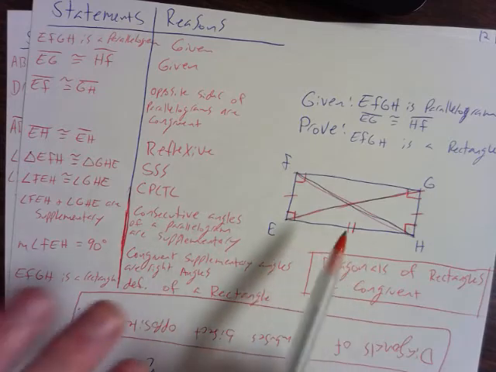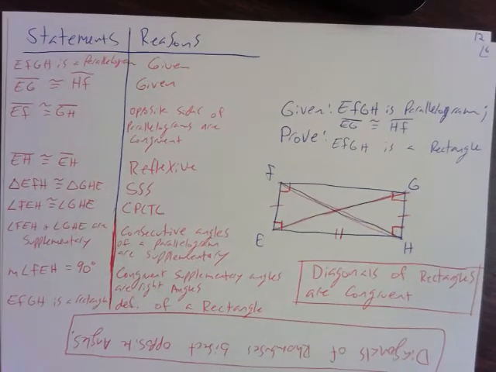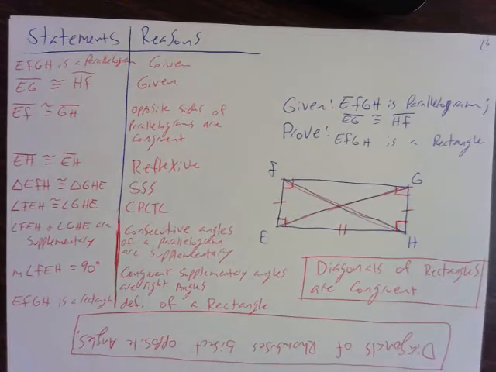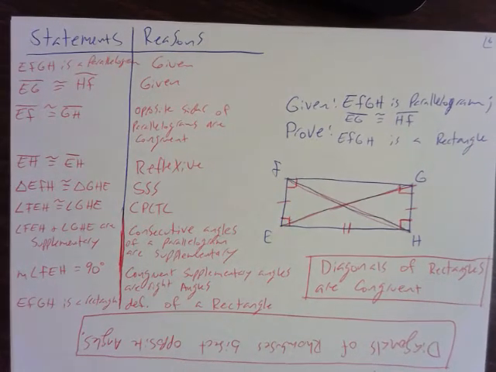Okay, so it's a rectangle. My diagonals were congruent. Now, these were 6 new proofs that are really important for us to be able to solve some algebraic problems that will come into play here soon, as well as just giving us more reasons to put behind statements for further proofs.